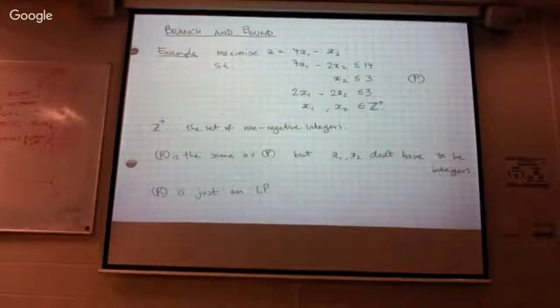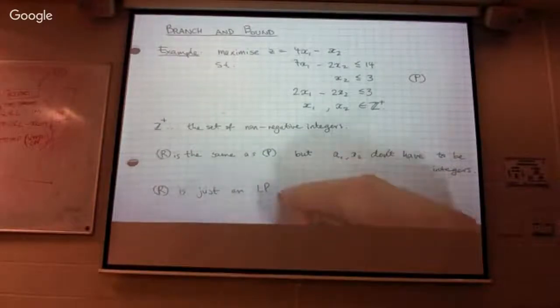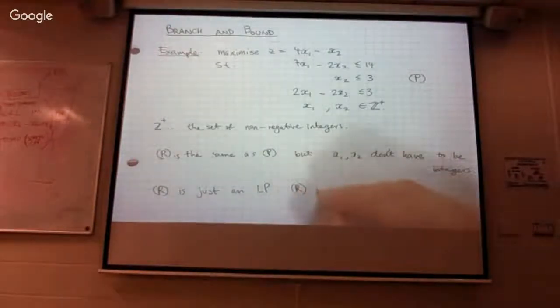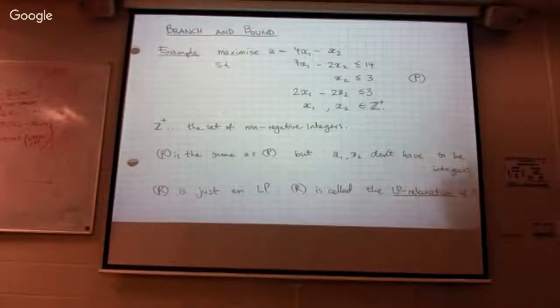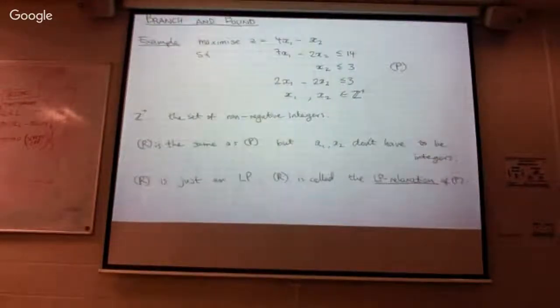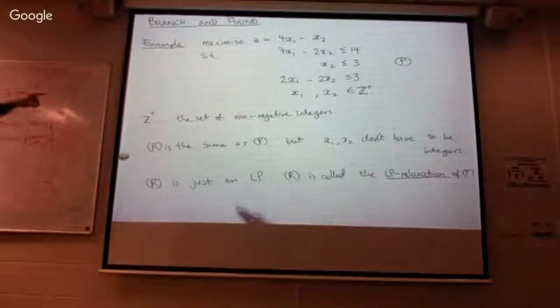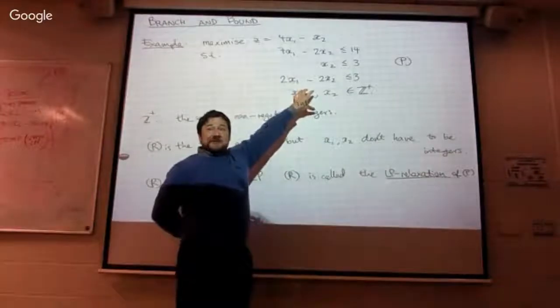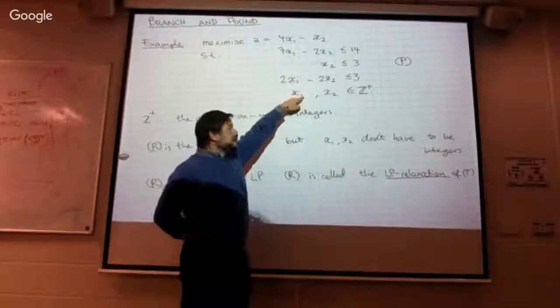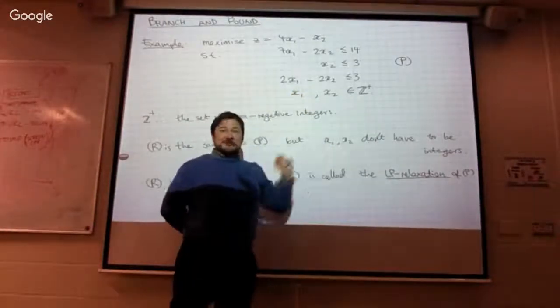In fact, this is called the LP relaxation of that problem P. When you get an integer problem like this one, you get rid of the integrality constraints but leave everything else in place. That's called the LP relaxation.